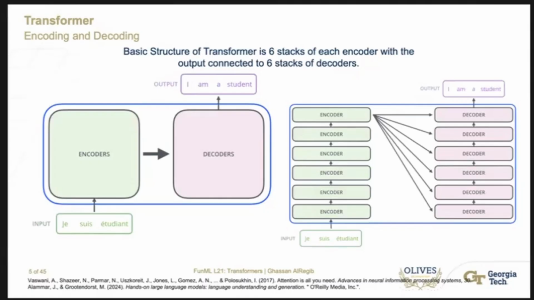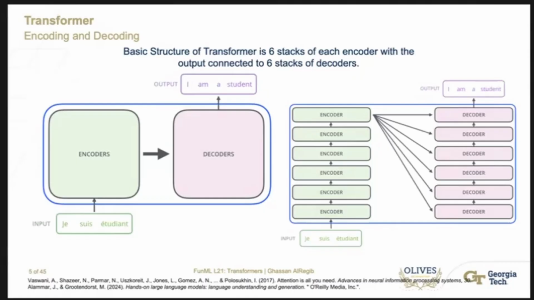So, for example, if the task is translating this French sentence into an English sentence, the French sentence will go through a number of encoders, and each encoder has exactly one input, which is the output from the previous encoder.